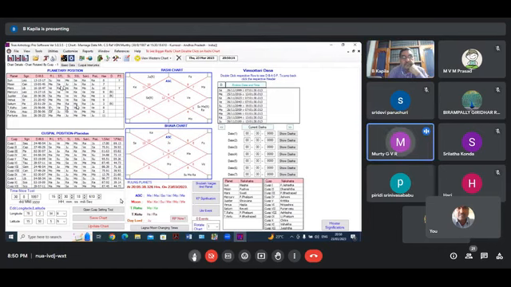What about extramarital relationship, sir? Extramarital relationship: the other day I pointed out that if the 7th cuspal sub-sublord is linked to 9th, or the 5th cuspal sub-sublord is linked to 9th and 12th, or the ascendant is linked to 5th, 8th and 12th, then in such cases a person is likely to have extramarital affairs.